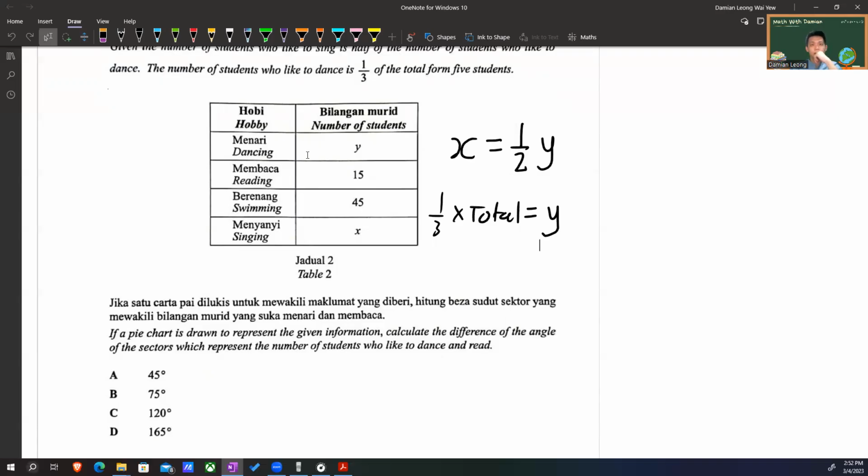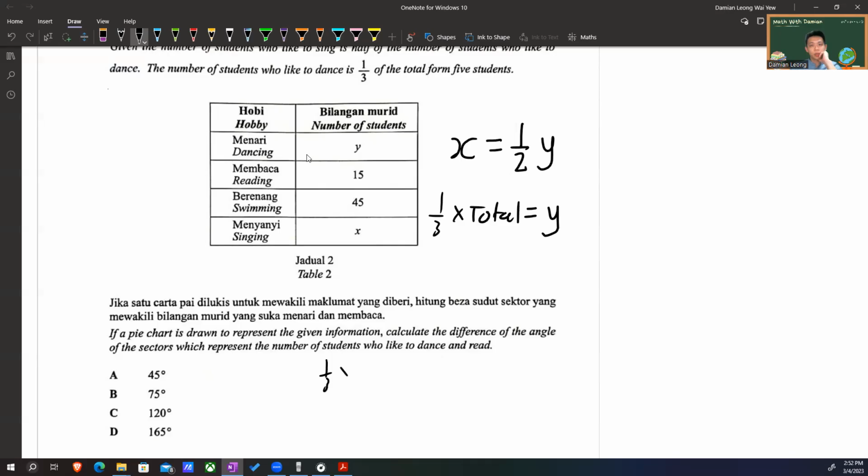Now I just need to compare using the information that is given.